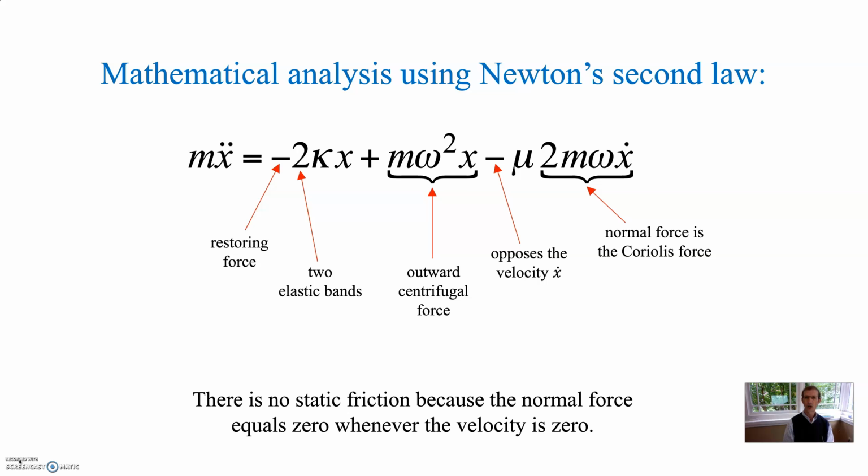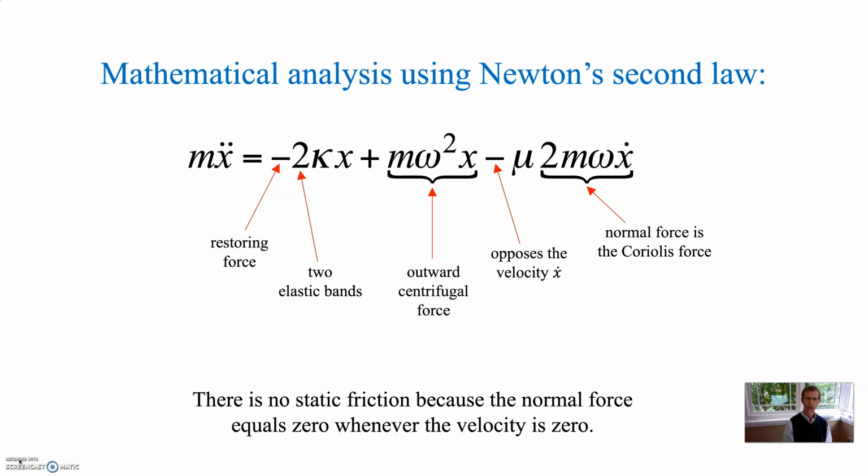And then we've got the kinetic friction, which is minus mu times the normal force given by the Coriolis force 2m omega x dot. Notice that the direction of this frictional force will always be opposite the velocity x dot of the bead, as we expect for kinetic friction.